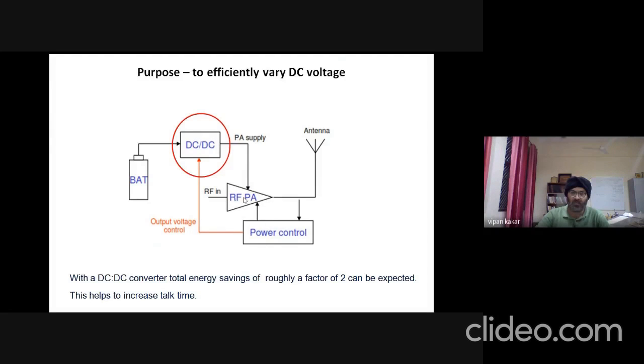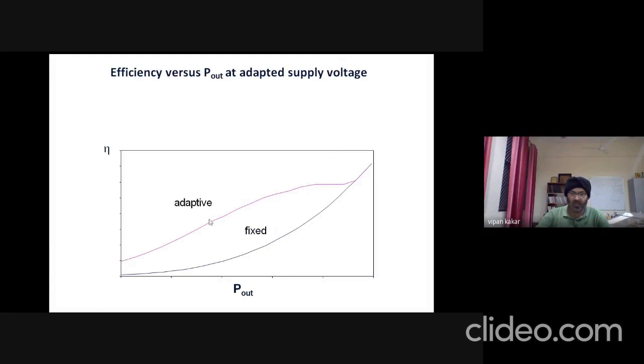So it's a kind of intelligent control. Using this, we can actually save power and increase efficiency. This is how we can do that.